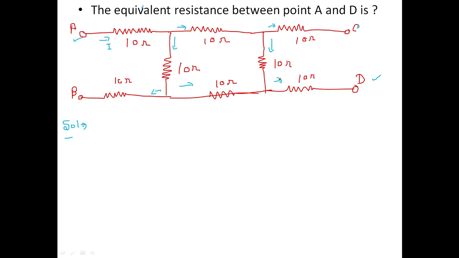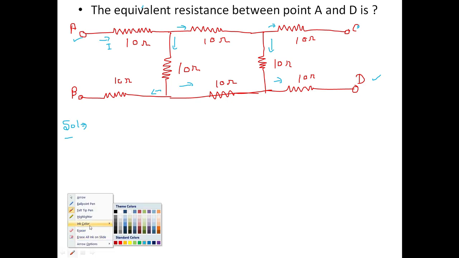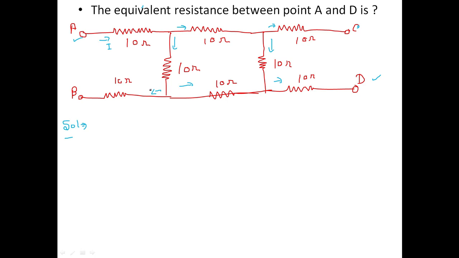Now we have to find the equivalent resistance. From the equivalent resistance, what we can draw is that the current would not flow over here because it is an open circuit terminal. So it would go from this terminal, and again this is open, so it would not be necessary to consider this one.